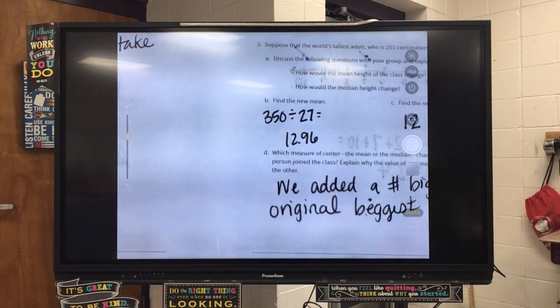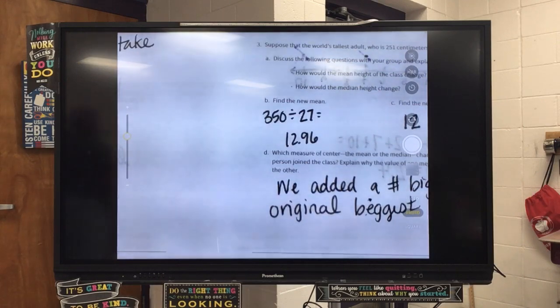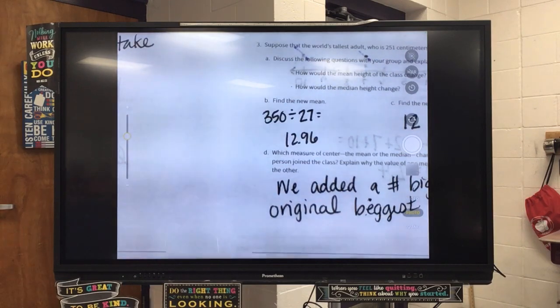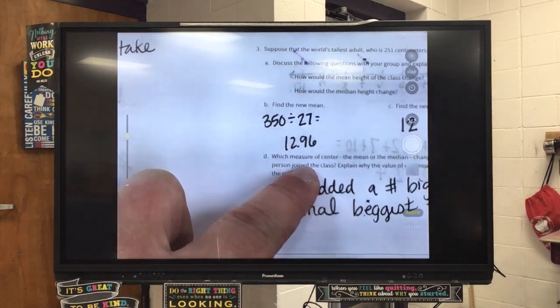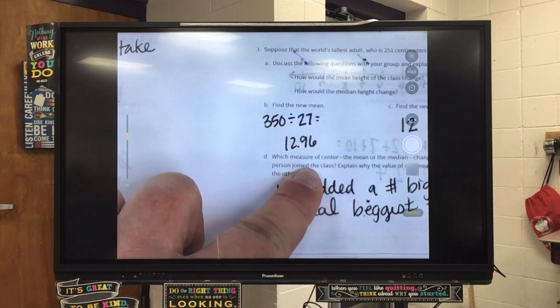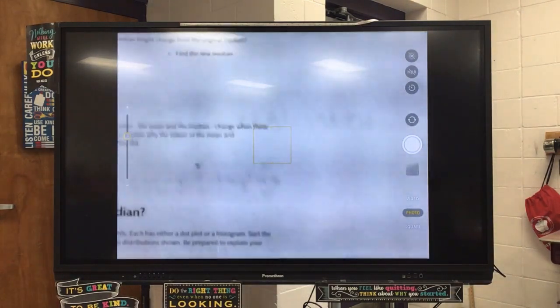What I need you to understand from this lesson today is that if you add a bigger number, your mean is going to change to a higher number. If you add a lower number, it is going to change to a lower average. That's what I need you to understand. So yes, technically from this mean, it did decrease.